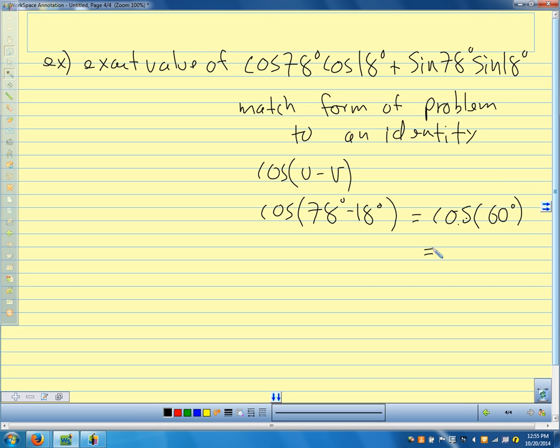And the cosine of 60 degrees is 1/2. So that whole thing simplifies to 1/2. So on this kind of problem, we want to match the form of the problem to one of our identities.